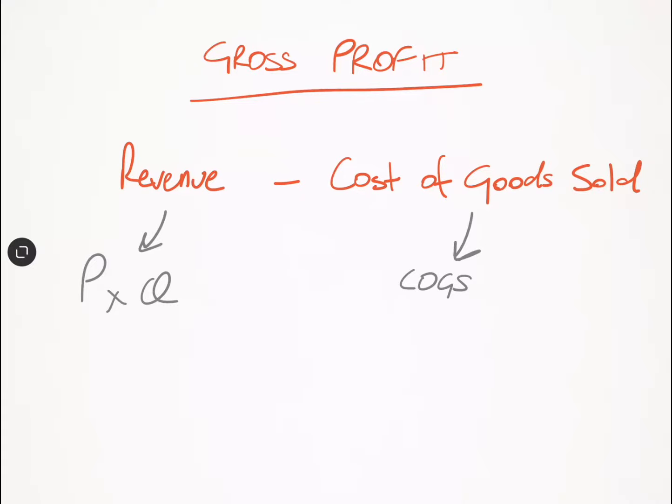They don't manufacture the products themselves, but they purchase them ready-made from a manufacturer. So this looks at the value of the stock they have, and basically, in a nutshell, how much does it cost them to actually get the product to then sell on to the customer.